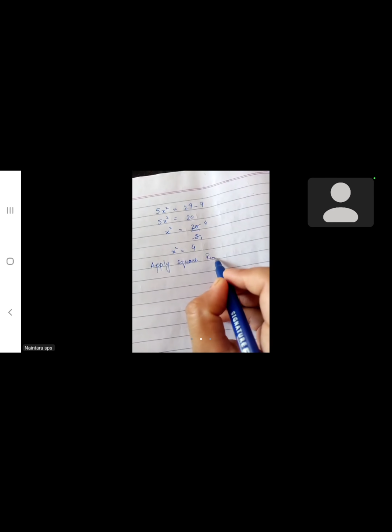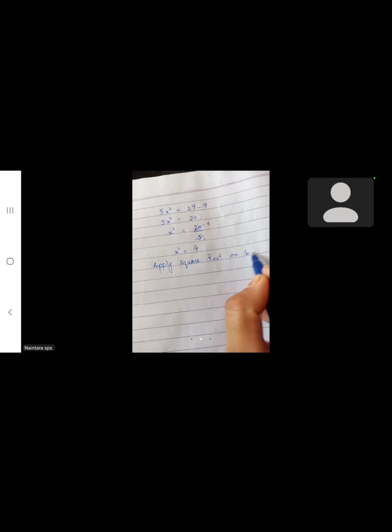Again, we need to apply square root. Apply square root on both sides. So this thing will be square root of x square is equals to square root of 4, and the square root and square will be cancelled out. What is the answer for x now? Plus minus 2.